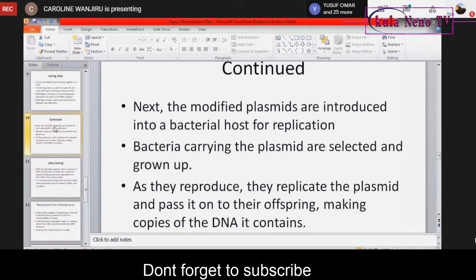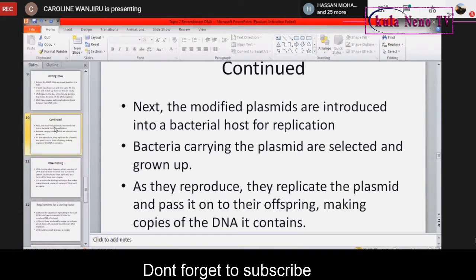So next, the modified plasmids. The modified plasmids are the ones that already have your gene of interest. You have joined the two together. The modified plasmids are introduced into a bacterial host for replication. You put that again into a bacteria. This time the bacteria will be a host, and now you can grow the bacteria in nutrient agar. Bacteria carrying the plasmid are selected and grown up.